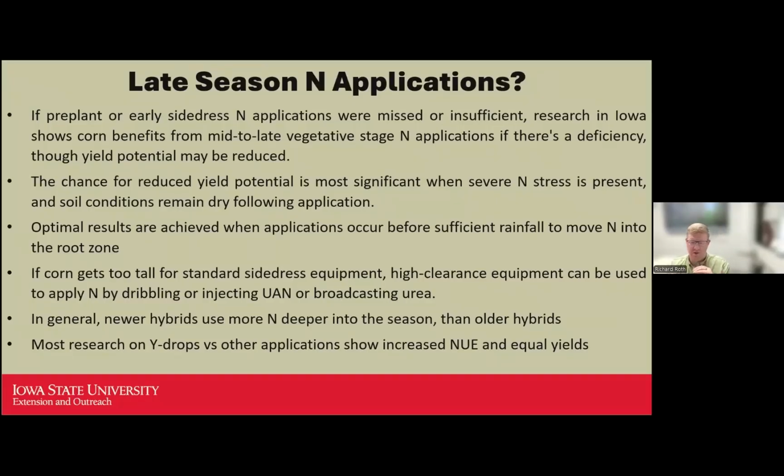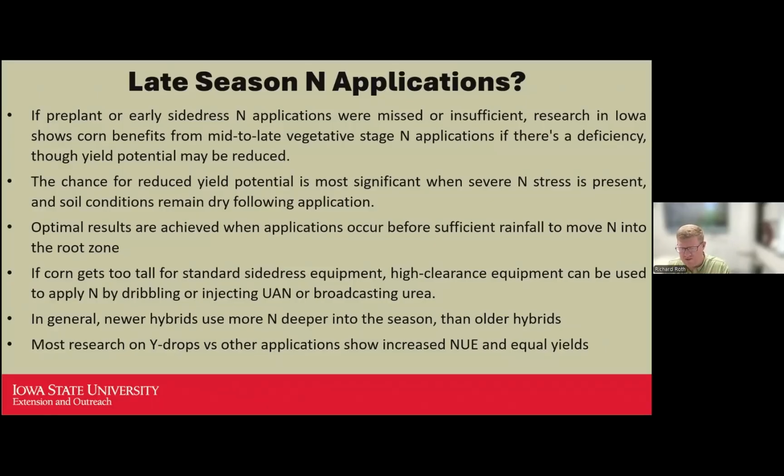So, the good news is that newer hybrids are using nitrogen deeper into the season versus older hybrids. So we do have a window in that late vegetative, early reproductive stage where we're still taking up nitrogen and utilizing it. So that is a good thing.